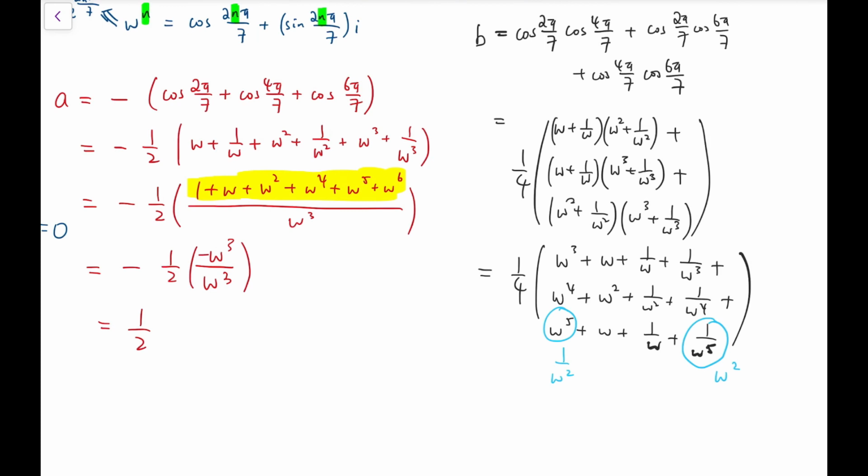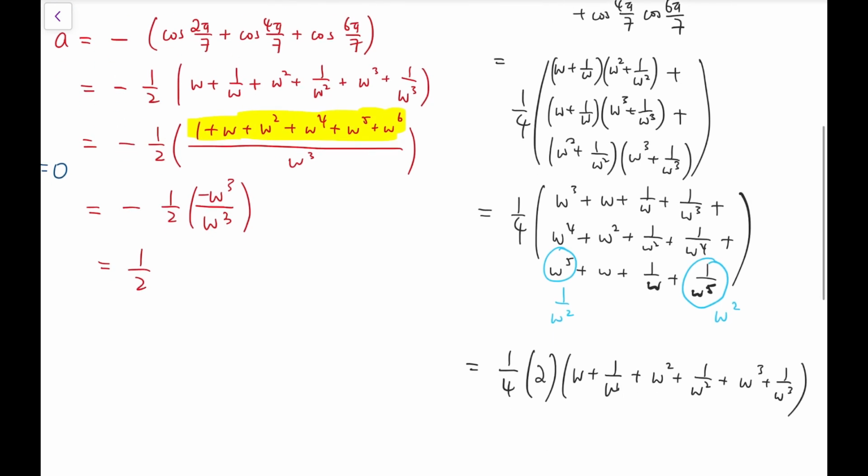So there's a kind of symmetry happening in these powers. So altogether, I can rewrite into the following. There are two copies of omega plus 1 over omega, plus the same on omega squared and the same on omega cubed.